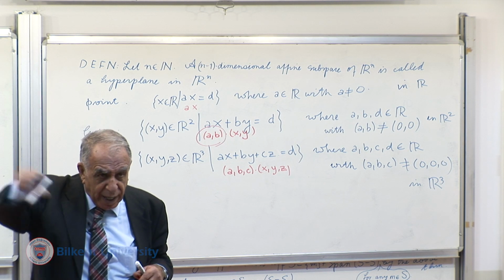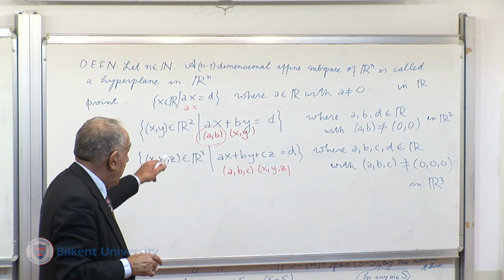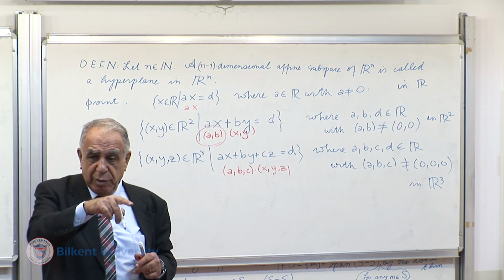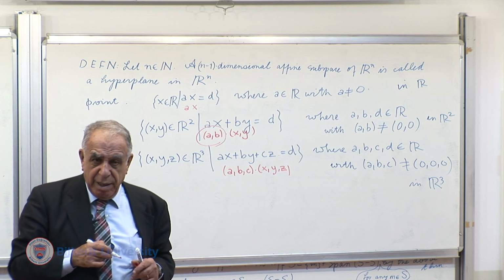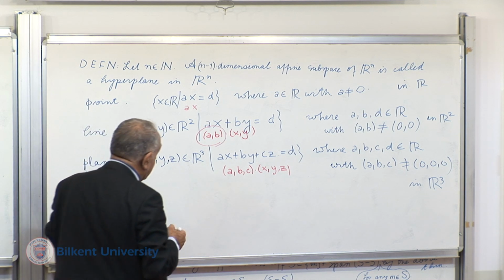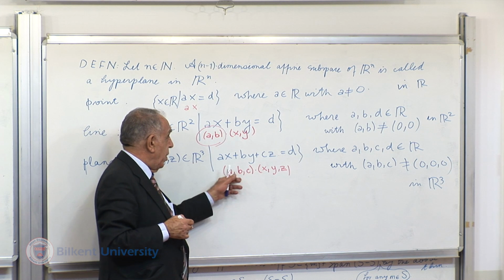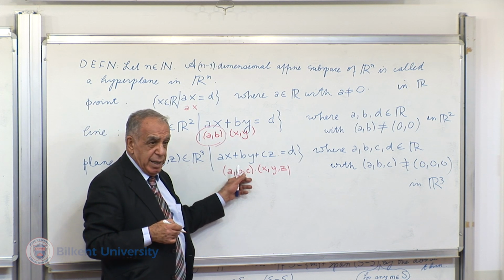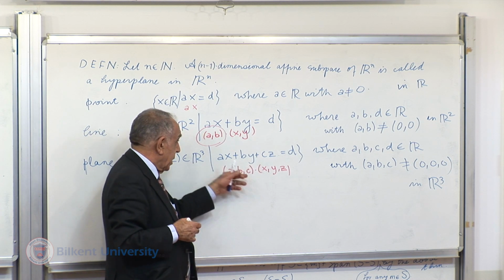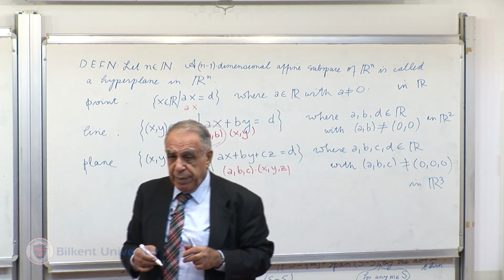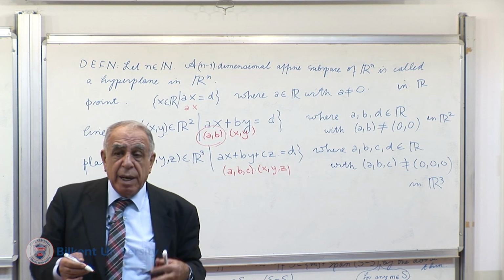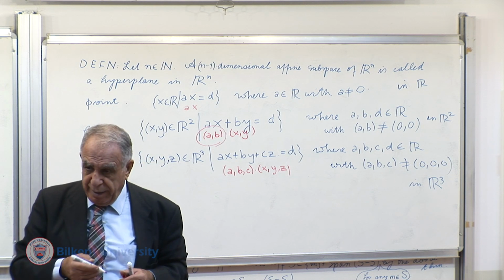If you draw the line, and if you draw the vector AB, that will be normal, orthogonal to the line. Here, again, from analytic geometry, we know ABC, in case this is a plane, that is, this is different than the zero vector in R3, that will be a normal vector to the plane.